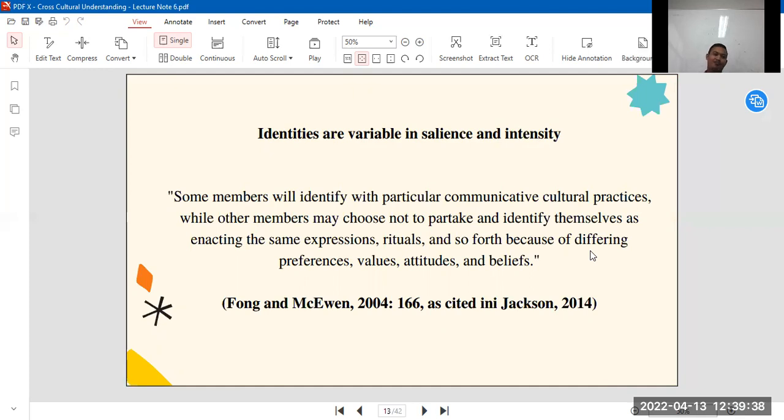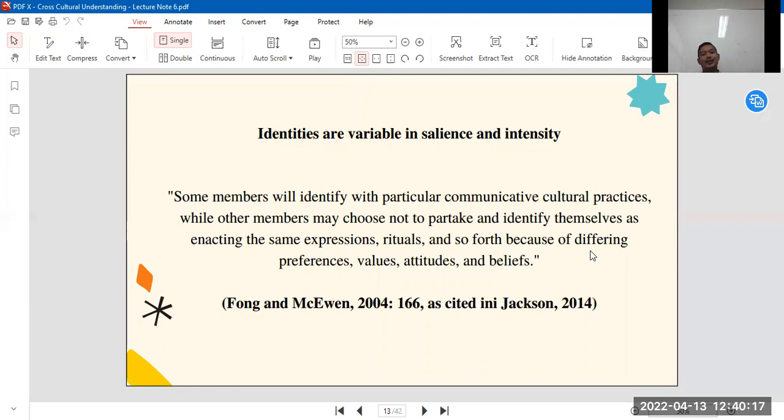Every time depends on the context and situations. Let's say there will be aspects or dimensions that we wish to emphasize more than other identities, that we think are more important.